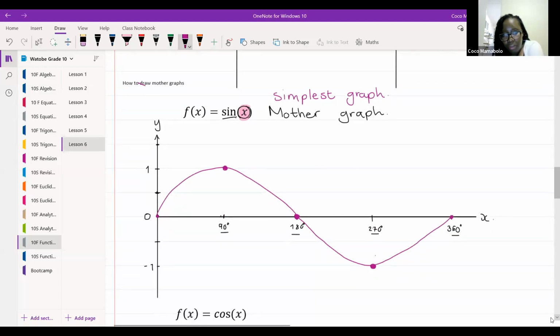Good. Do you see how I've joined 270 and -1 there? Yes. And then sine of 360. What do you think that one's going to give us? 0. Good. Now I've joined all of those dots that we've just drawn with a curved line. You see that? Yes. Thank you. You're very welcome.